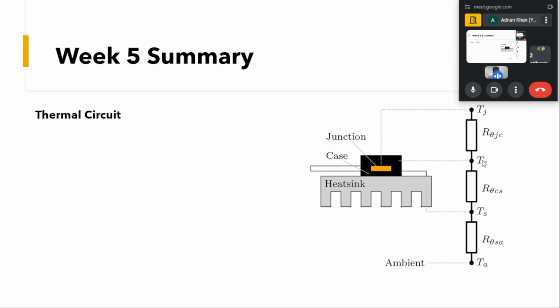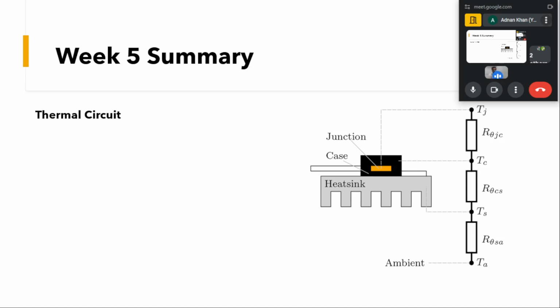Between this junction and the case, there is the temperature at the case. First we'll go through the temperatures. First, this is the junction temperature, then comes Tc. It is similar to the potential, like I told you, in the electrical circuit. This Tc is the temperature at the case, and between the junction and the case there will be some resistance, given by R theta Jc, the junction to case thermal resistance.